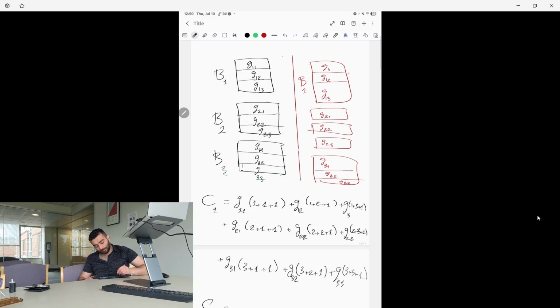Alright, okay, sounds good. Now the term c2 minus c1 will be, up to k minus 1, they go away.